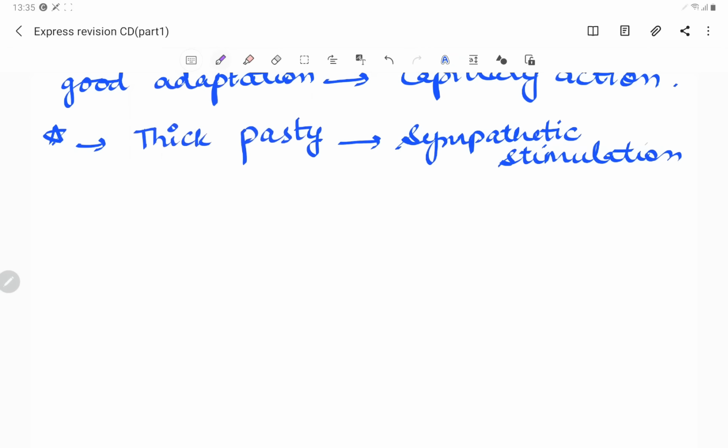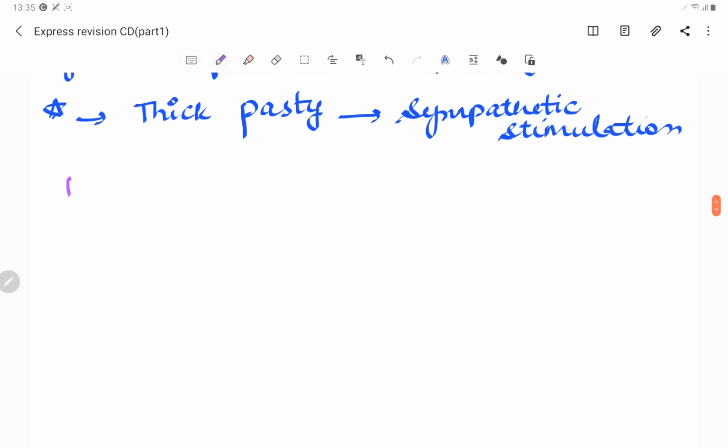And excessive ropey saliva, thick ropey. See, both we are talking about thick here.